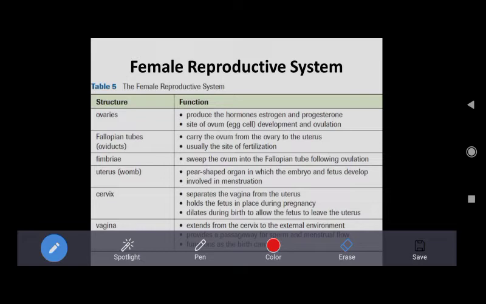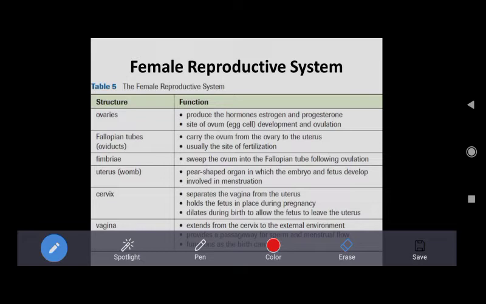That means it is one of the major parts of the reproductive system because it is a site of union of the sperm and egg. Then comes the uterus. It is a place where the embryo gets implanted for further development. And since the lining of the uterus breaks when the egg is not fertilized, it is involved in menstruation.